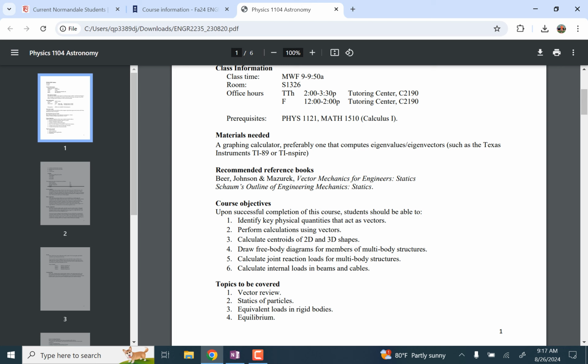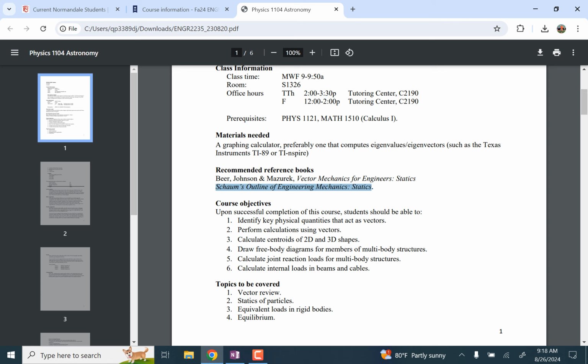The one that's really useful, though, is this one. If you are interested in a book for looking at this class for future reference, maybe you want to go back and work on problems later on if you're getting ready for a standardized engineering exam, like if you're planning to get a professional engineer's license or something eventually.